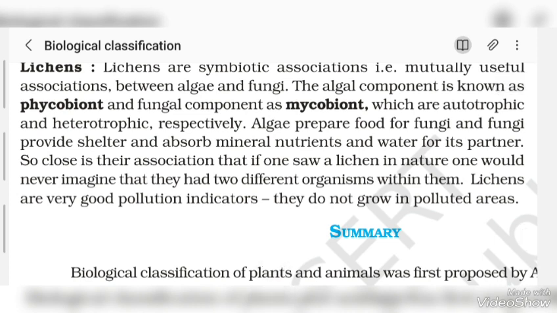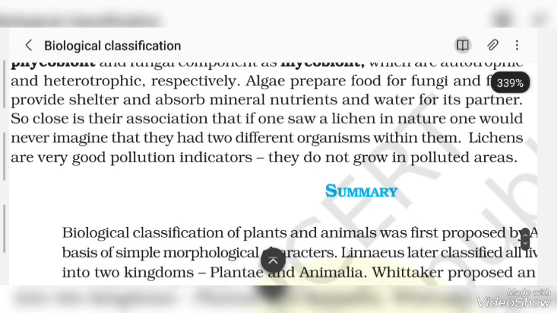Algae prepare food for fungi, and fungi provide shelter and absorb minerals, nutrients and water for the partner. So close are these associations that if one saw a lichen in nature, one would never imagine that there were two different organisms within it. Lichens are very good pollution indicators. They do not grow in polluted areas.